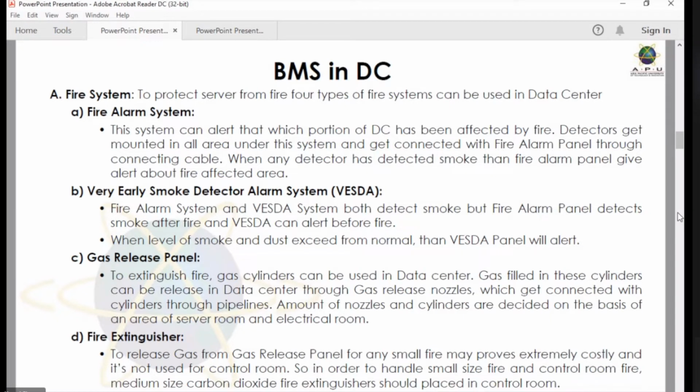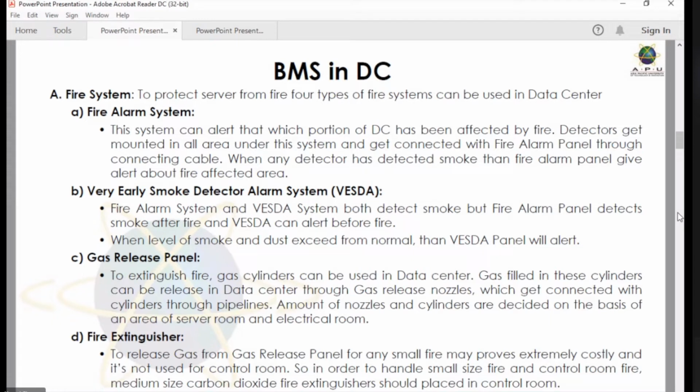And there is also a fire extinguisher. If the fire is not very big, we use a fire extinguisher. But if the fire is greater, then we use this gas release panel. Using the gas release panel for any small fire may prove extremely costly, and it is not used for the control room.